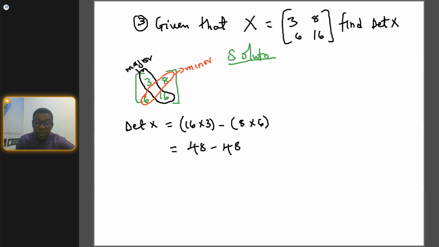So taking the subtraction, the determinant of X is 0. So this is how we solve for the determinant of a 2 by 2 matrix.